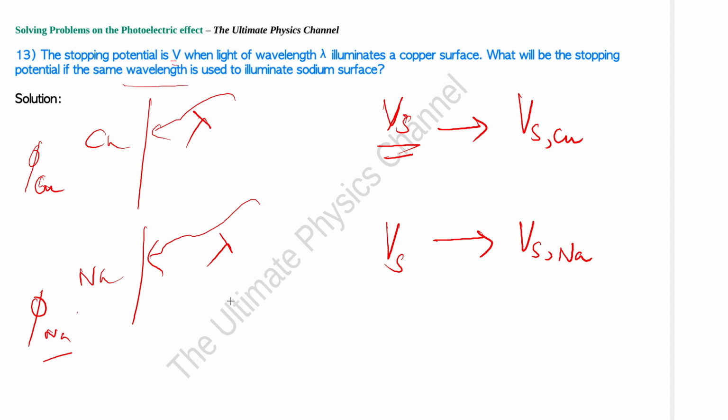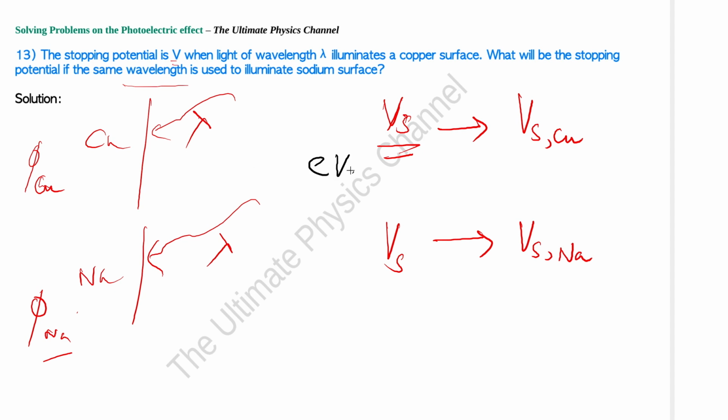What is given for these two surfaces, and what is not given, are of course the work function values. Do we need those values here? Yes, we do, because we have to write the photoelectric equation to solve this in terms of eVs. So let me write that first.